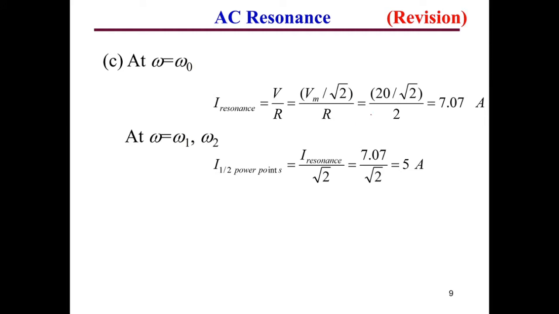If you would like to find the root mean square, of course, we need to divide that by root 2. The current at the half power frequency, I guess we need to divide the value by root 2. Okay, so that will give us the current at the half power point.